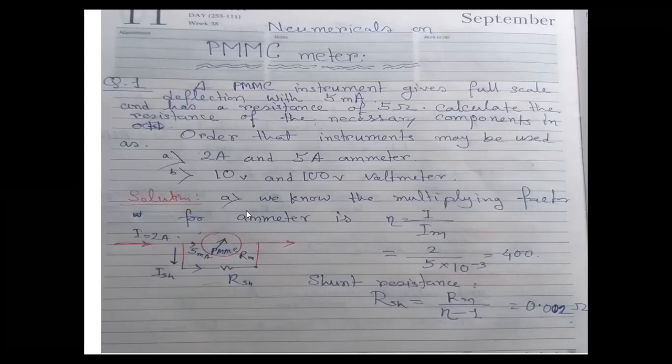Now let's start. For question A, we know the multiplying factor for an ammeter, I am denoting this as m. This is the Greek letter eta. Here it is I by Im. Okay, you have seen this so many times in the previous slide.